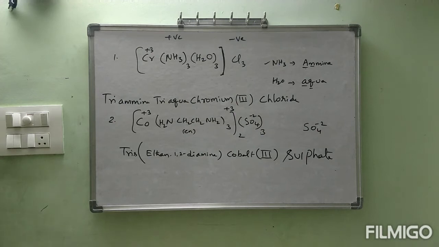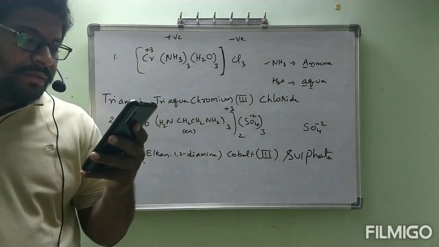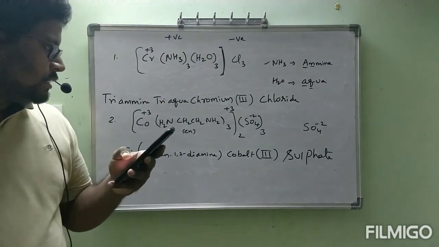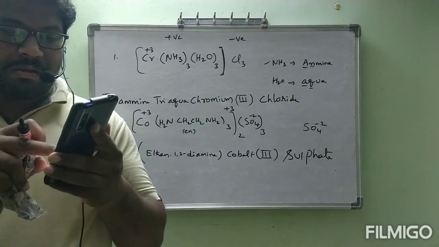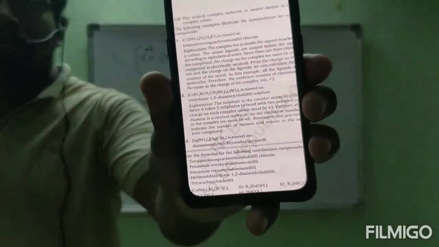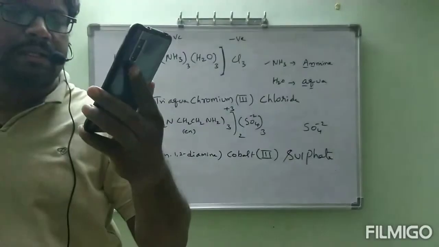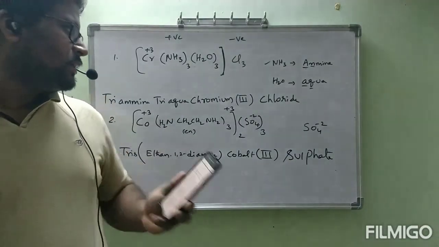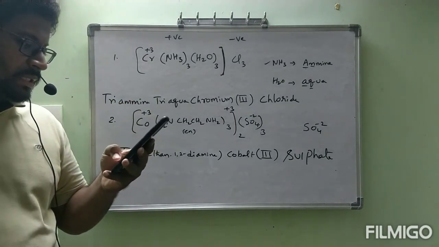See the answer they gave: tris in bracket ethane-1,2-diamine, close the bracket, next cobalt(III) sulfate. Over. This is about how to give the name of the complexes.